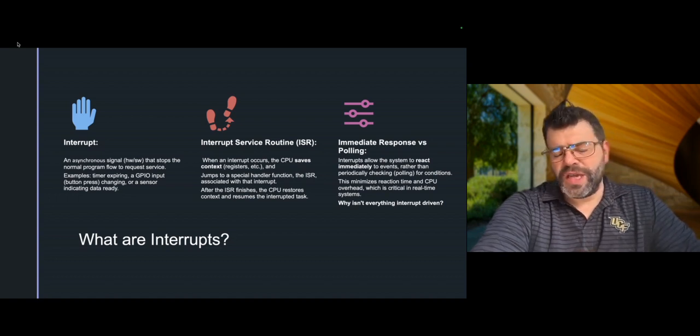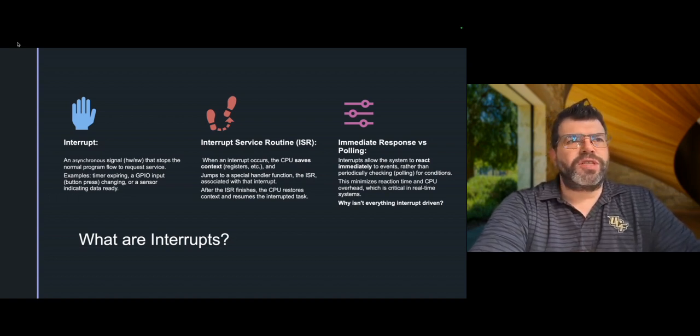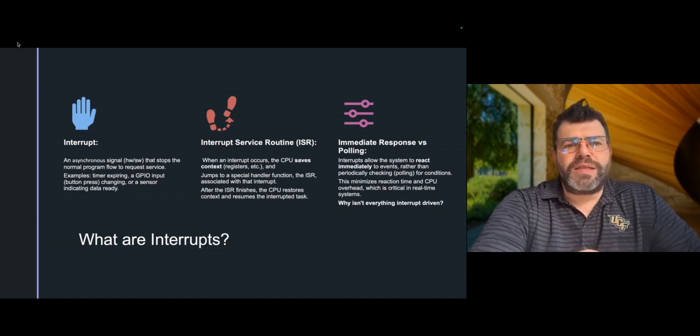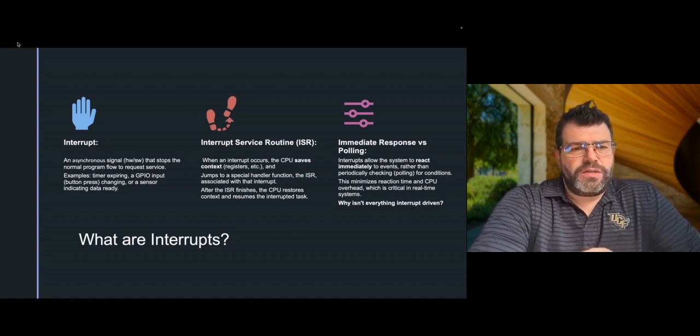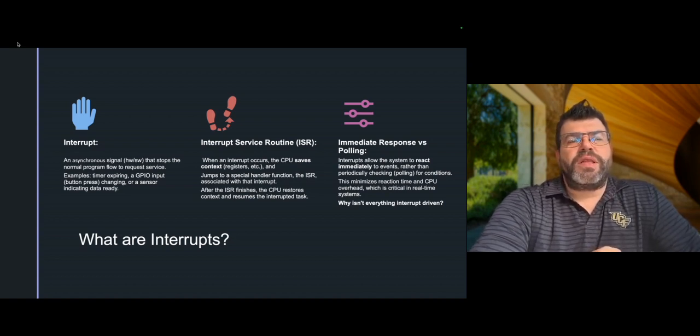A great example is a classroom lecture is happening and all of a sudden somebody raises their hand. That's not a bad thing, right? An interrupt is not a bad thing. It is just an external signal that interrupts the flow of the program or the thing that was happening, so a lecture.